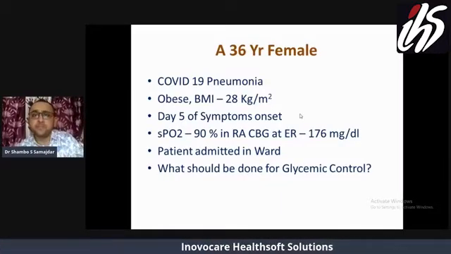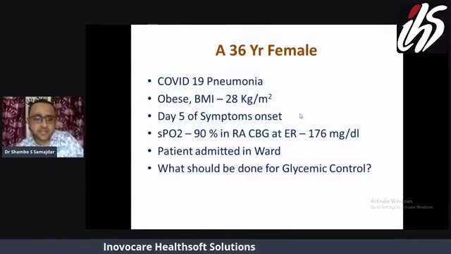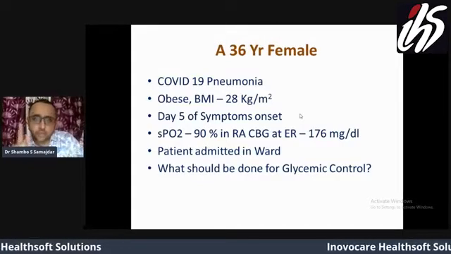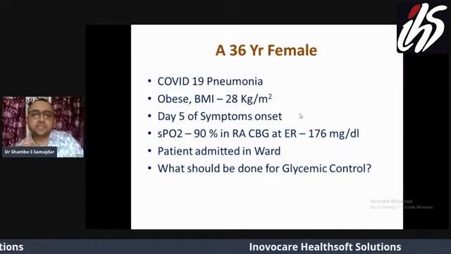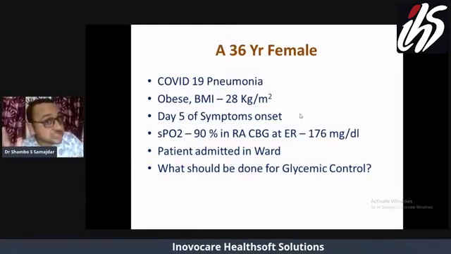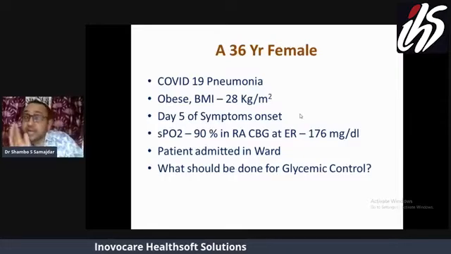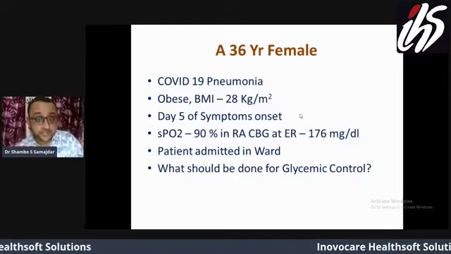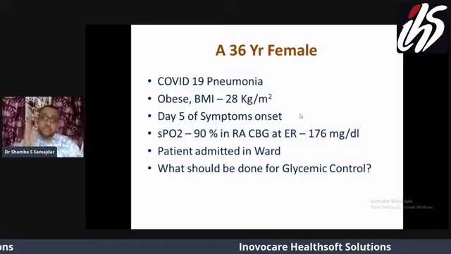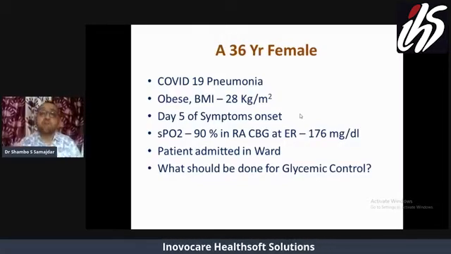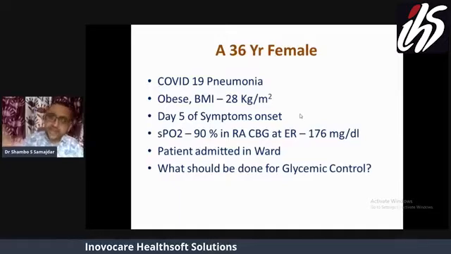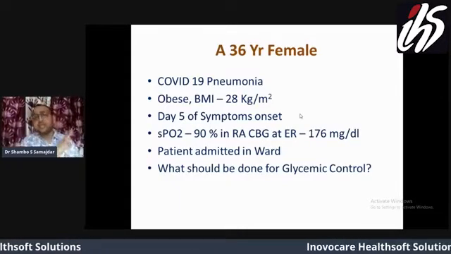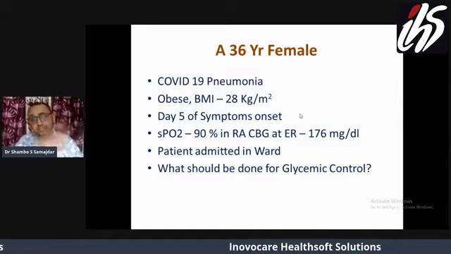She was admitted at around 6 p.m., but the pre-dinner CBG value was 160, and the 2-hour post-dinner CBG was 240. So we can see the importance of checking glucose in the COVID ward, and that we should not miss it in any patient.